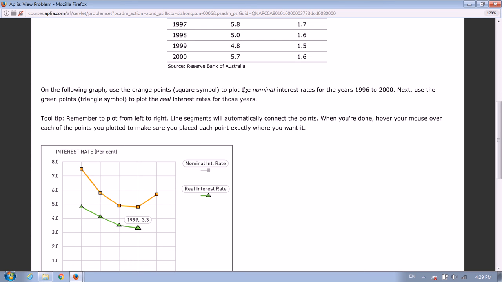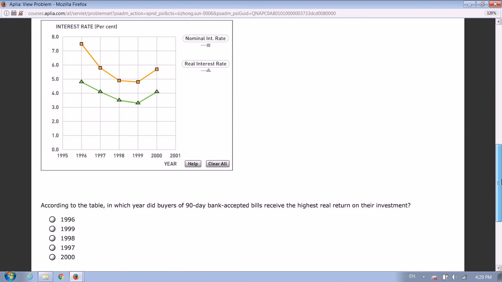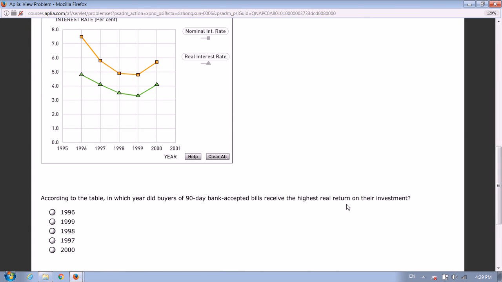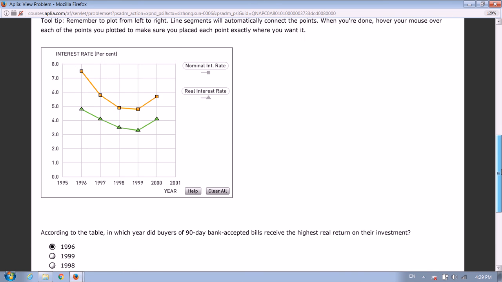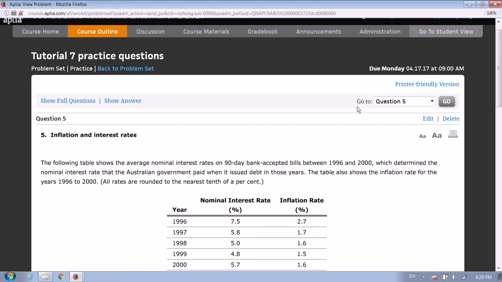In year 2000, it's 5.7 minus 1.6, 4.1. Okay, so that's the real interest rate, the green curve here, and it is clear that in year 1996 the real interest rate is the highest. Okay, this is all about tutorial 7.